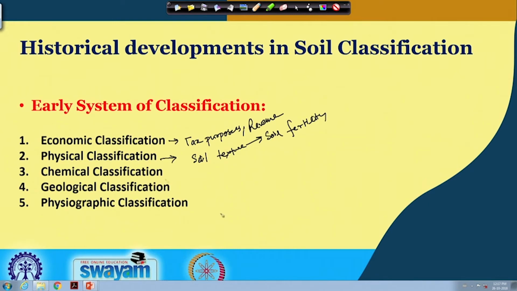The chemical classification was based on the fact that soil can be divided into groups based on their chemical characteristics, such as acid soils and sodic soils.